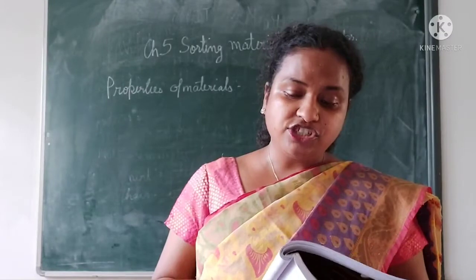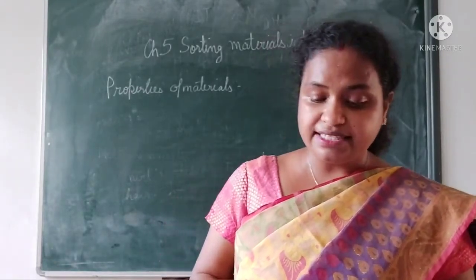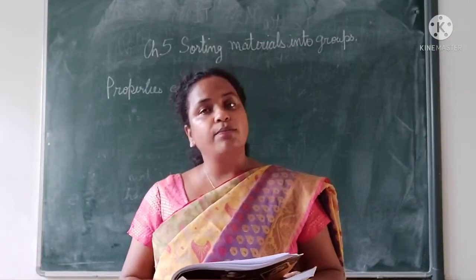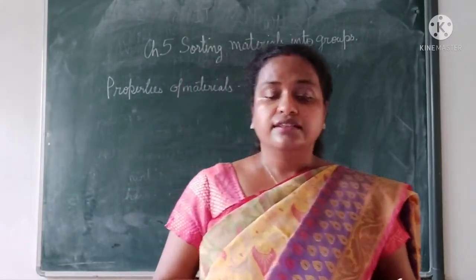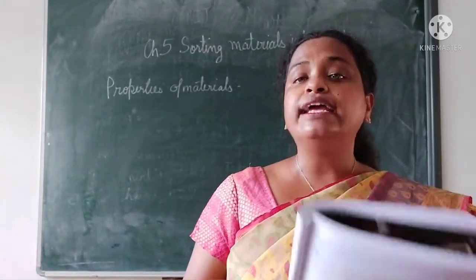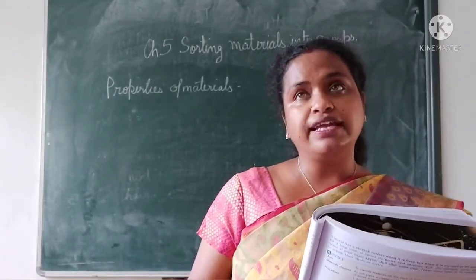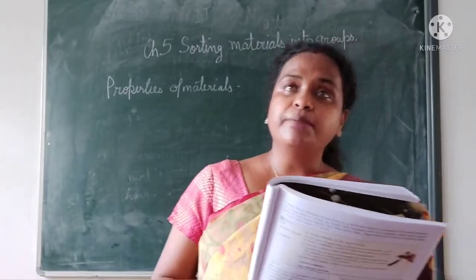The classification of materials can be done on the basis of similarities and dissimilarities in their properties. First one is appearance, how it appears. Some materials have a shiny appearance, some have a dull appearance.